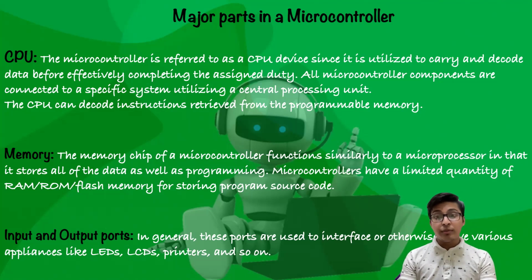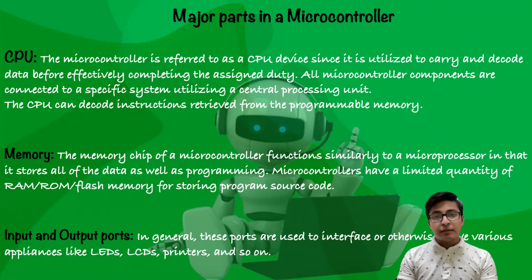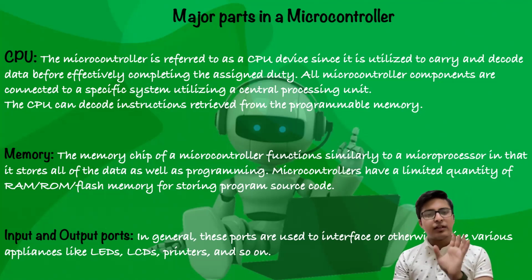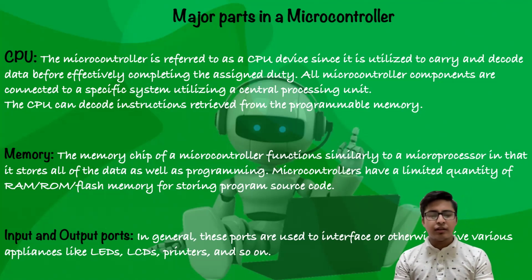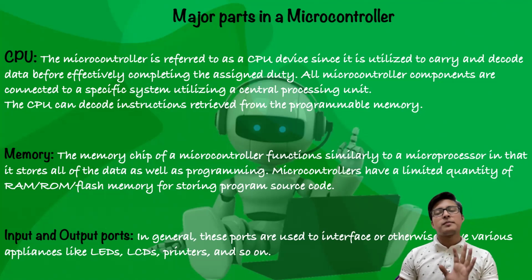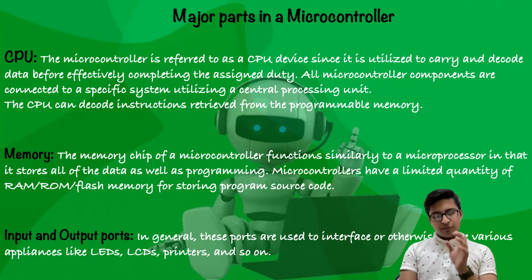How will we be programming it? The microcontrollers have a limited quantity of RAM or ROM, that is read and write memory and read-only memory, or flash memory, by which they can store the program and source code. That is where the function of memory comes in.